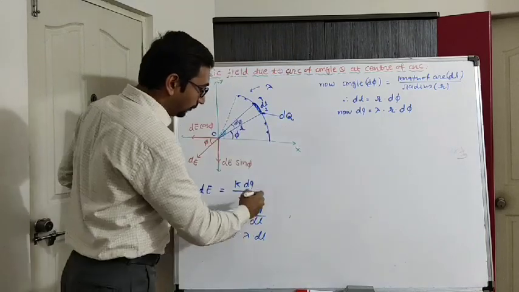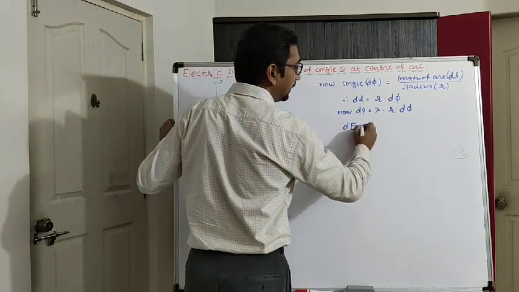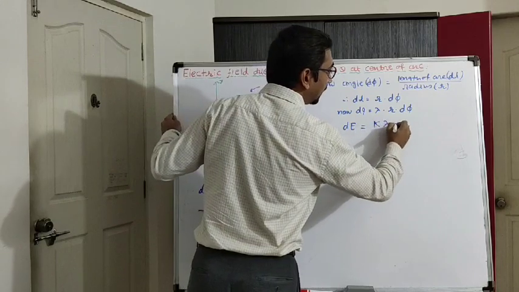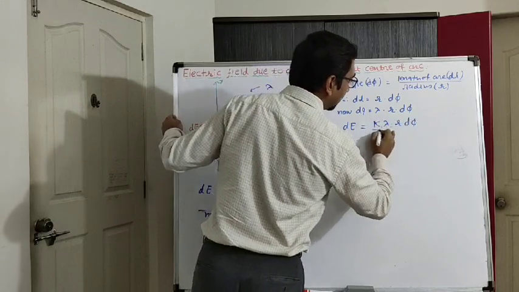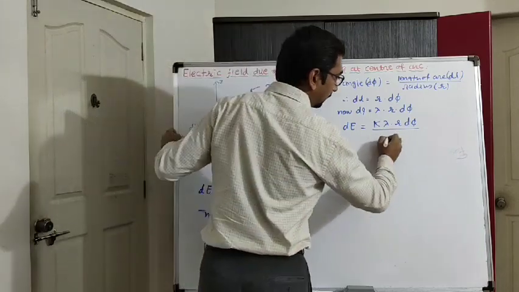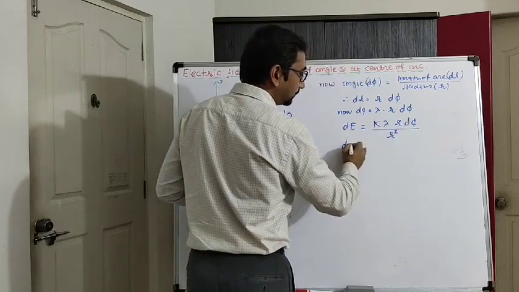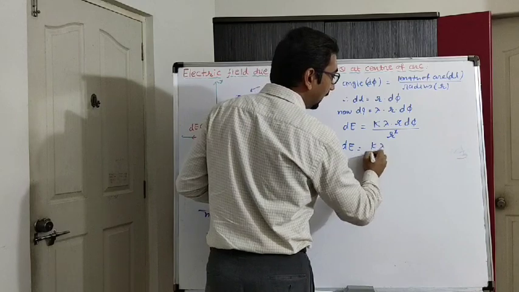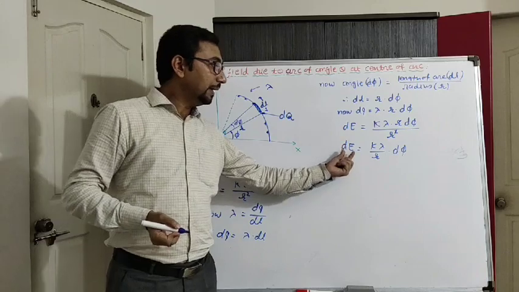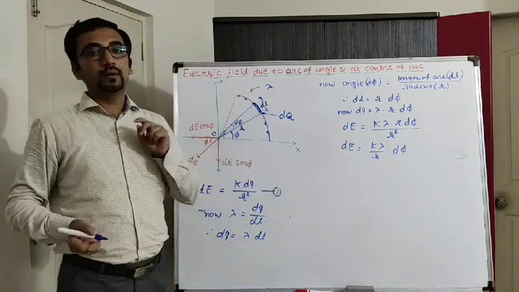If we put this value of dq in our first equation, then dE is equal to K lambda r d phi divided by r square. One r is cancelled, so dE is equal to K lambda upon r into d phi. So this is the electric field due to a small segment at point O.